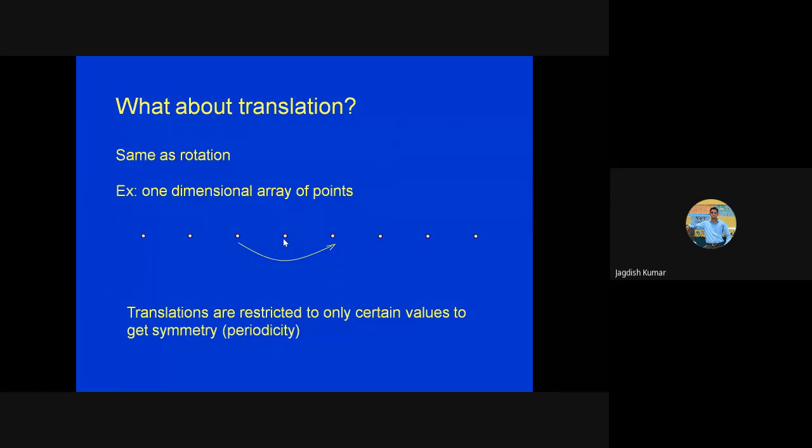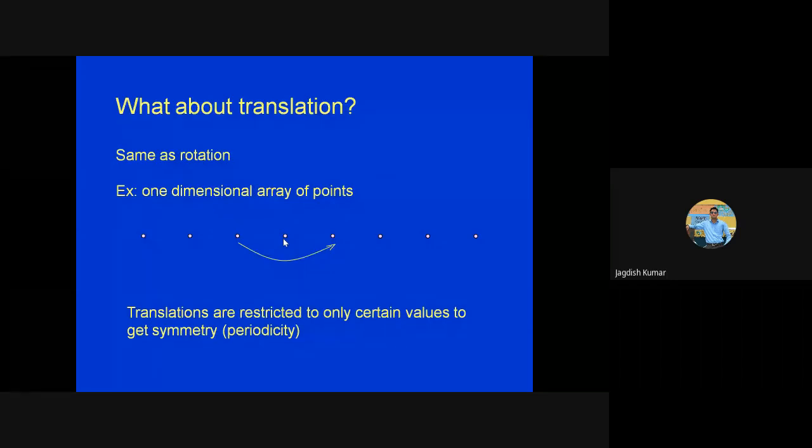If we take ourselves as an observer and say I have moved, then we may say I can tell. No, that's not the way. I am at one point and somebody took me to some other point, or I did a translation without actually being told that I have done a translation.